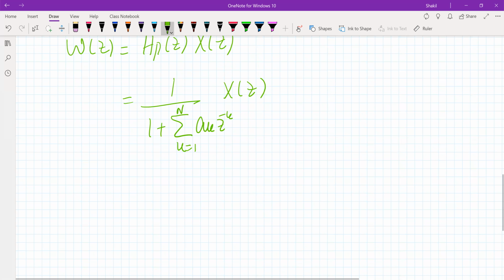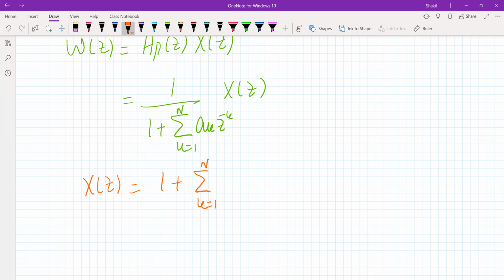Now rearranging the terms, we can write X(z) as 1 plus the summation k running from 1 to n of a_k z^-k, times W(z).